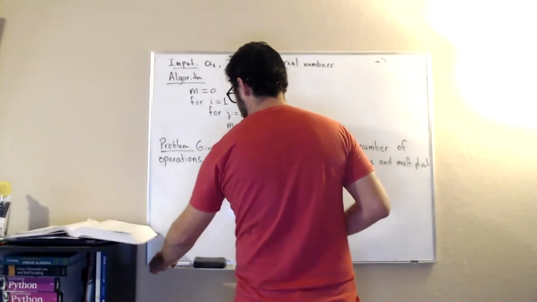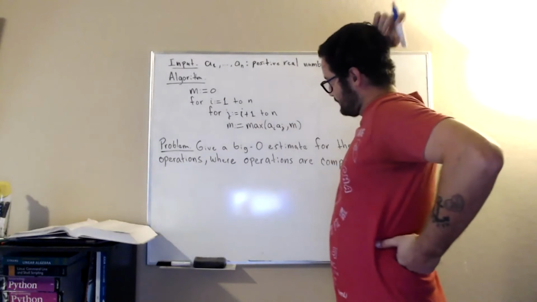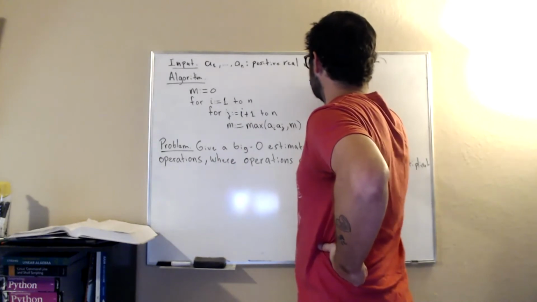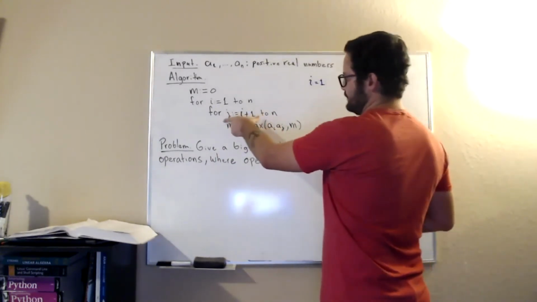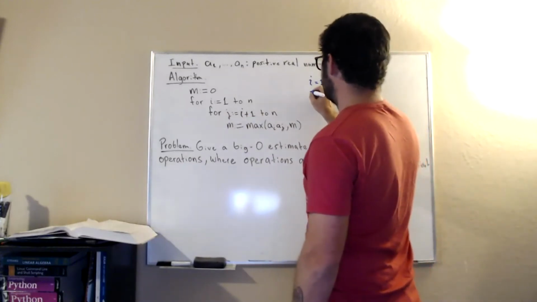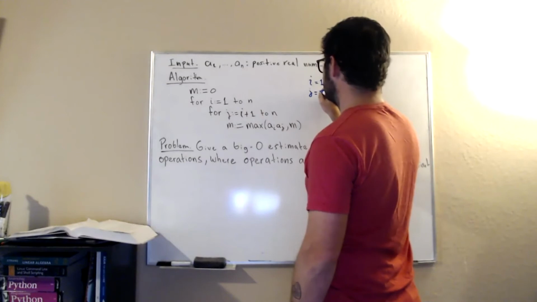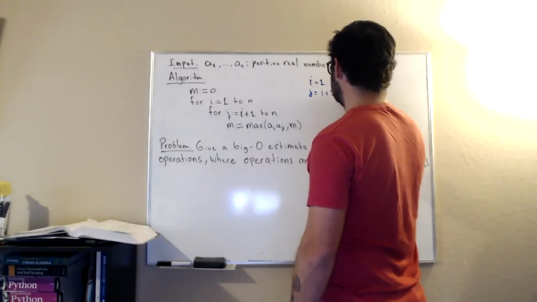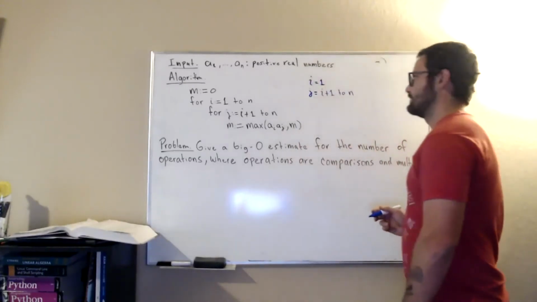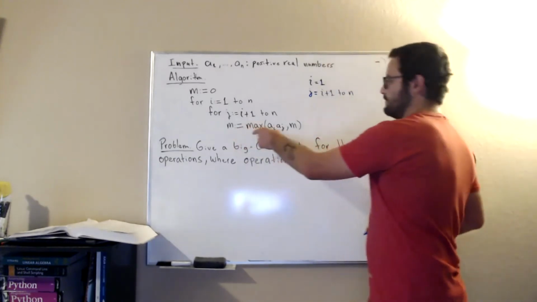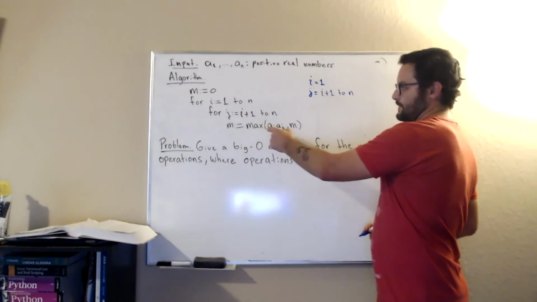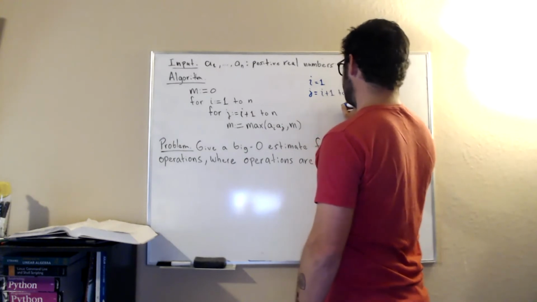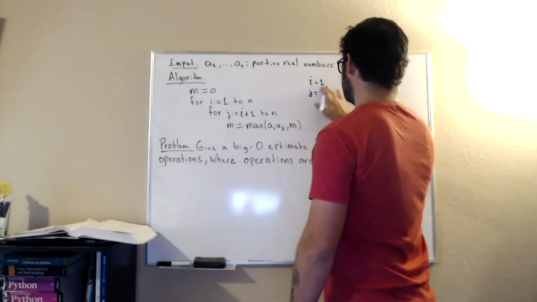When I is equal to 1, we go inside the for loop here, with J equal to I plus 1 to N. And then in the max operation, we're going to have to multiply two numbers, for AI times AJ.